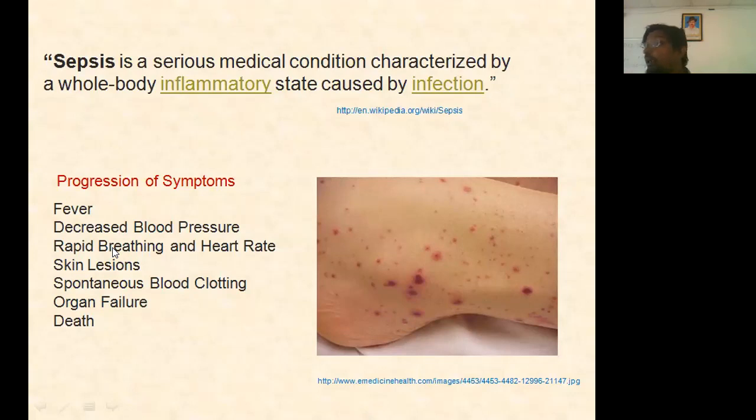So you should be cautious about infections, especially sepsis. It's dangerous. Sepsis is not a normal thing. It can lead to death also, and these symptoms should be carefully monitored.